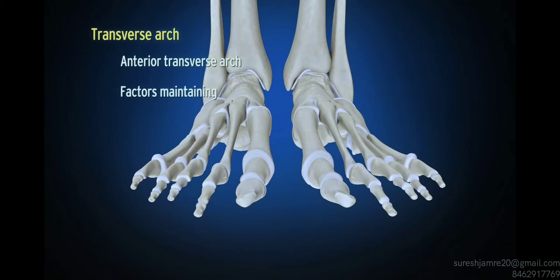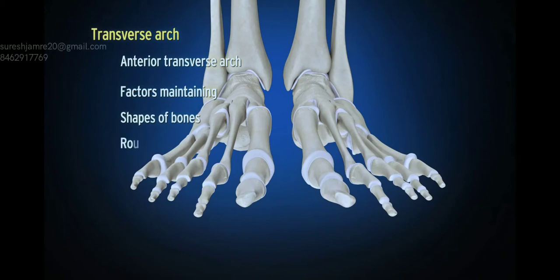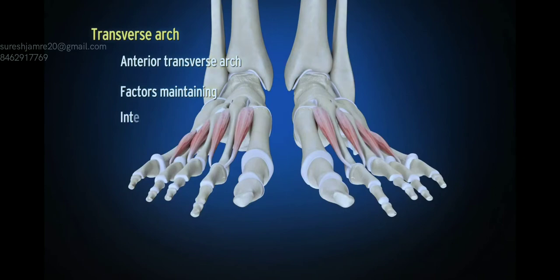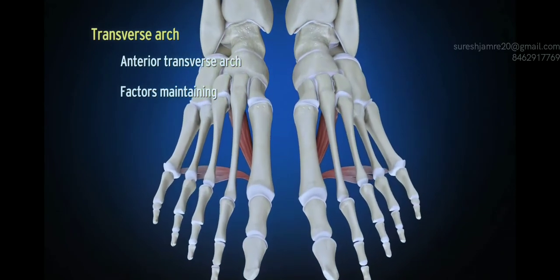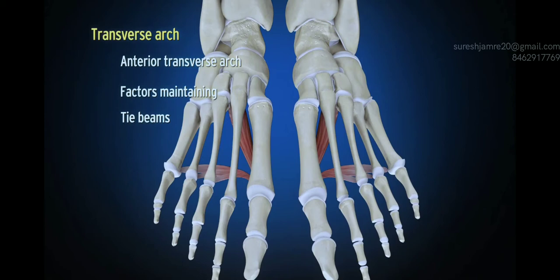Factors maintaining the anterior transverse arch. Shape of bones. Round-shaped head of metatarsal. Intersegmental tires. Dorsal interosseous muscles. Tie beams.